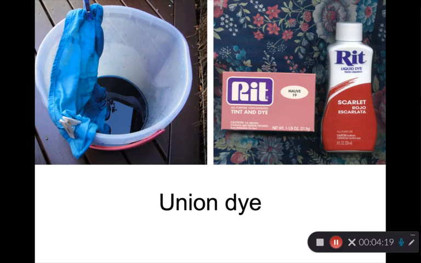We have a couple of general classes of dyes. Union dyes are dyes that create a consistent color. So when you put a bolt or a roll of fabric or a piece dyed kind of material into these dyes, many of these bolts are blends.